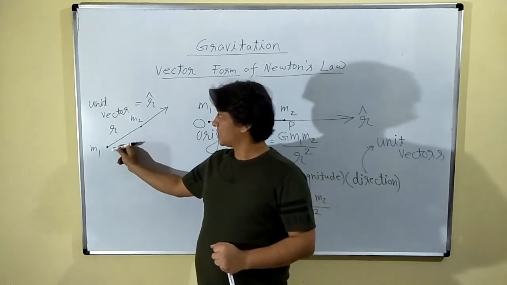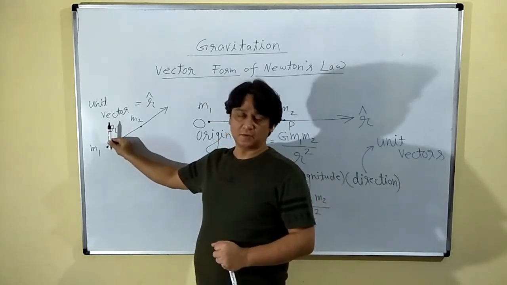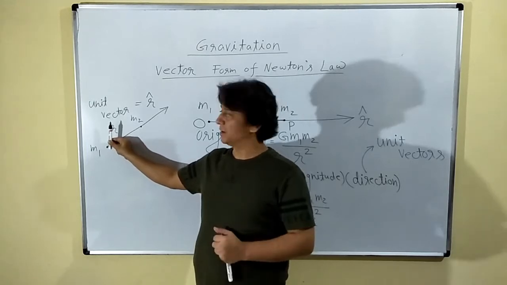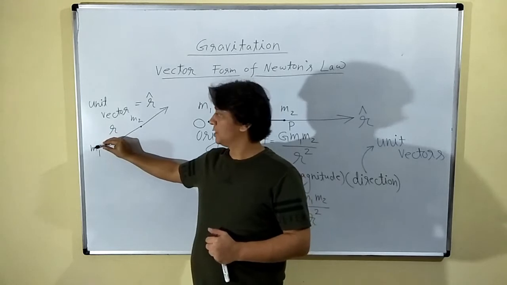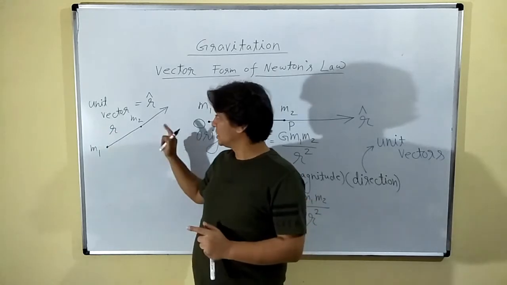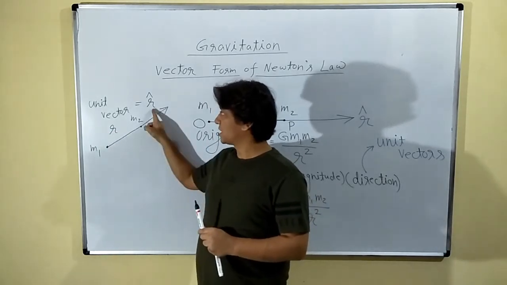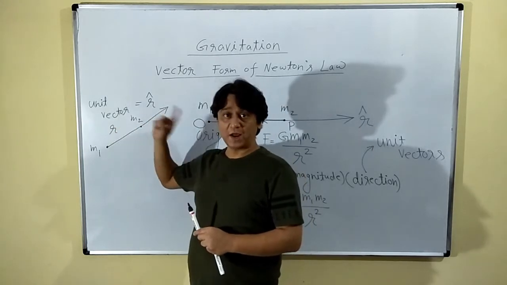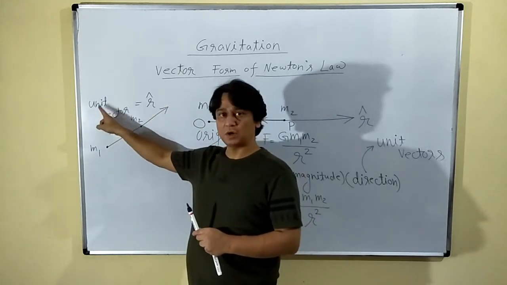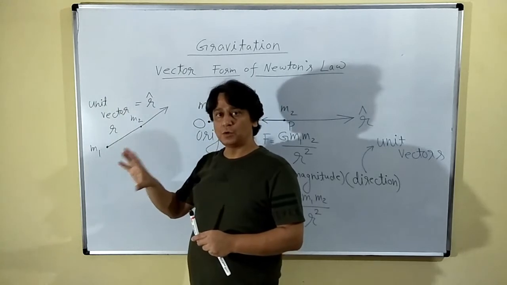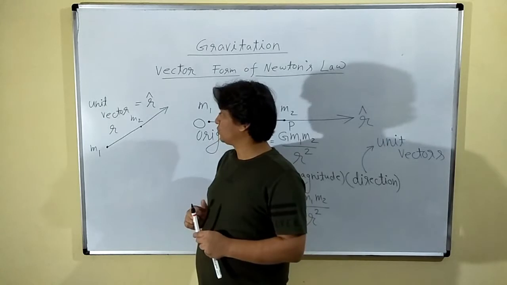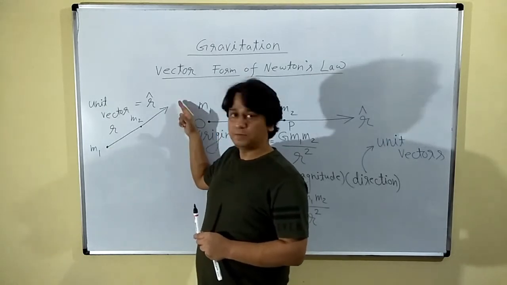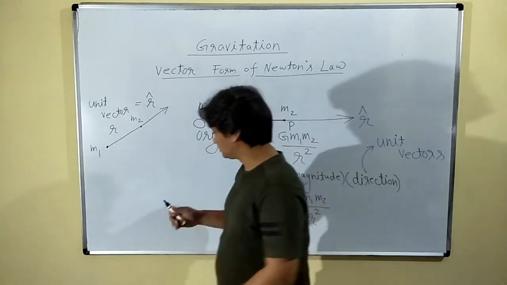If somebody takes R cap like this, then R cap is nothing but J cap. Similarly, this R cap will be what? K cap. A generalized situation is given by this. What is R cap? Unit vector. A vector whose magnitude is what? 1 and is used only for direction. What is the direction of this unit vector? Away from M1.